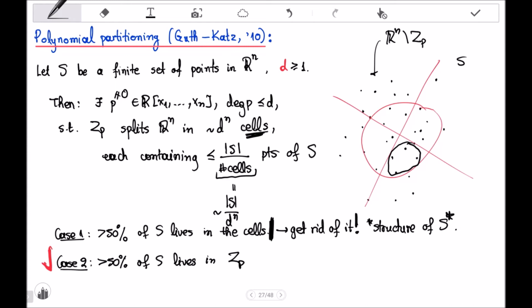So using the structure of your points, you get here where almost everything clusters on a low degree variety. And hopefully the degree you chose here is quite smaller than the number of points to the 1 over n, which would be the one coming from the vanishing lemma. Okay. So that is the general idea of why polynomial partitioning reduces to everything clustering on a low degree variety.